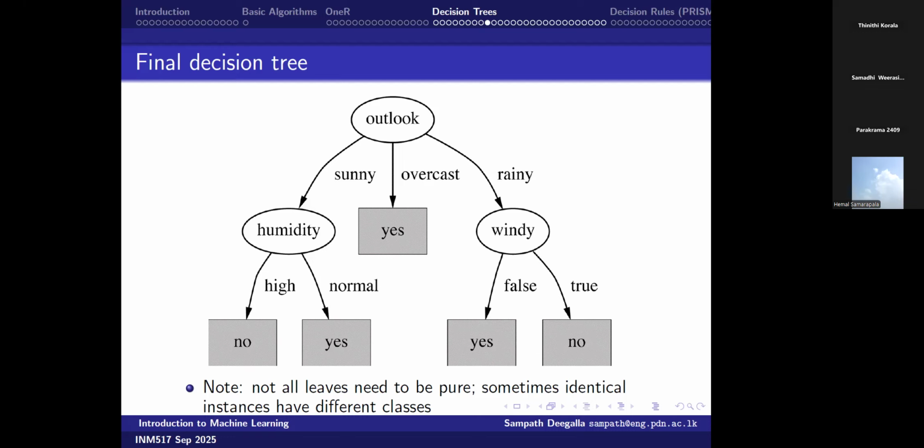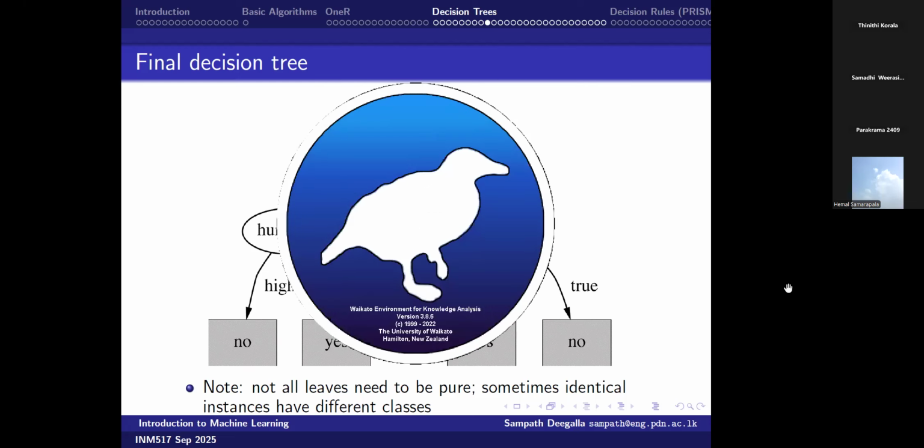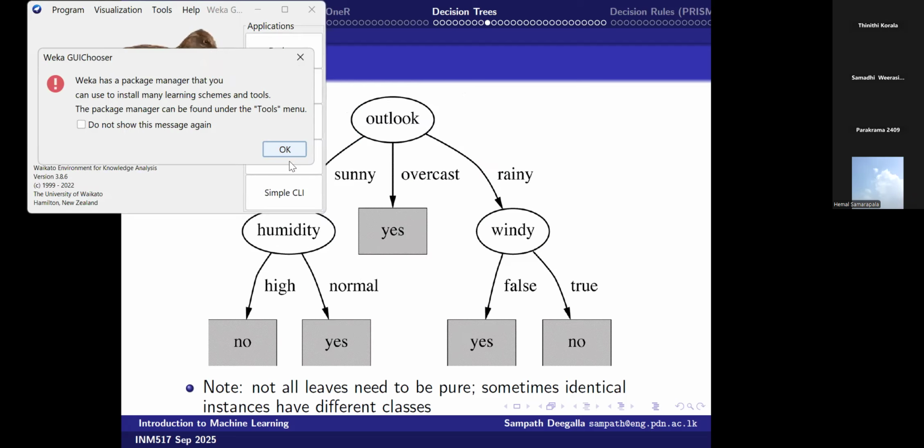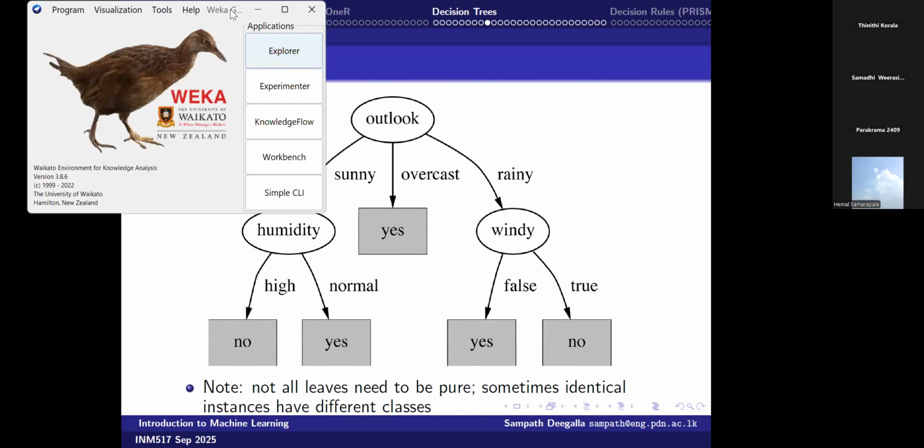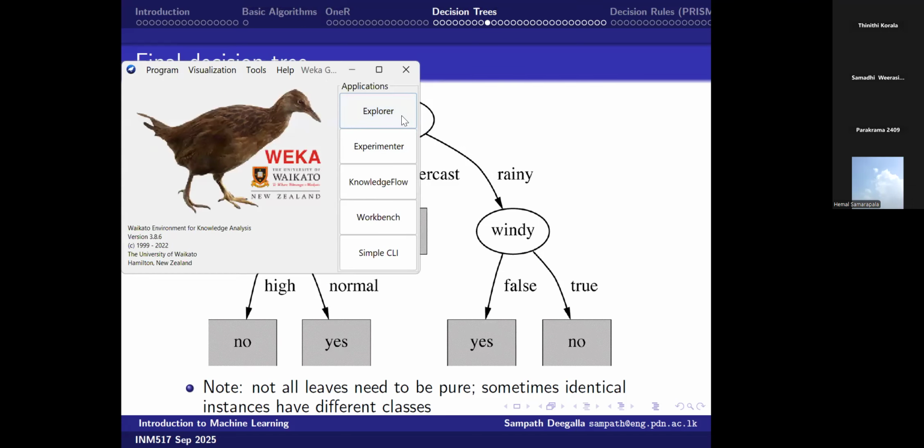Right, so now let me show you this in WEKA. So I'm going to open it up, and then let me click Explorer.